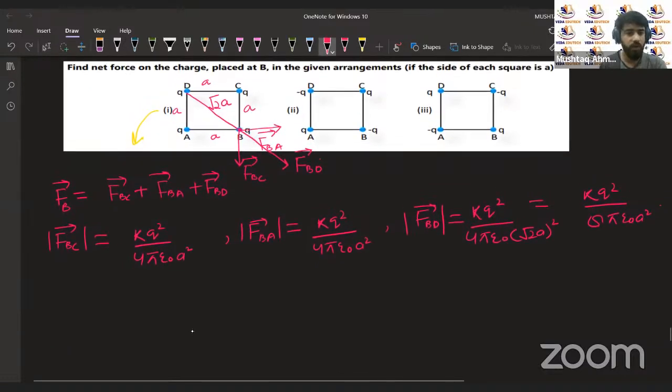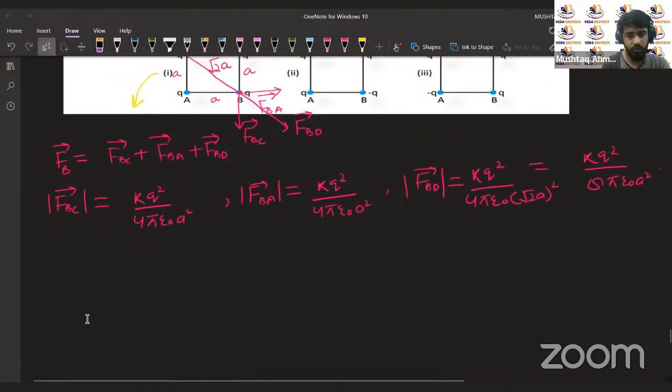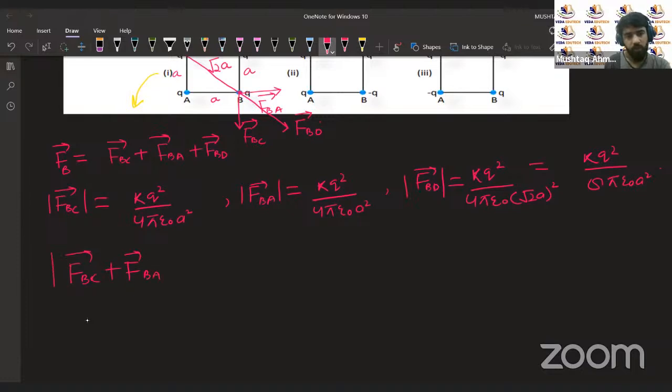We know the magnitudes of the forces because of charge C and charge A are equal, but they are placed at an angle of 90 degrees. So the resultant of FBC vector plus FBA vector, if I try to find the magnitude of these two forces, will be the square root of FBC square plus FBA square.